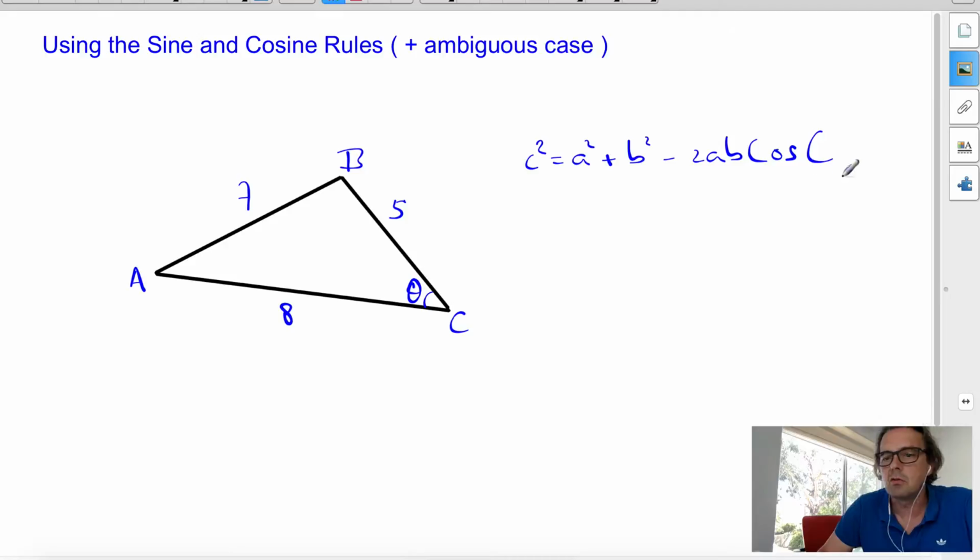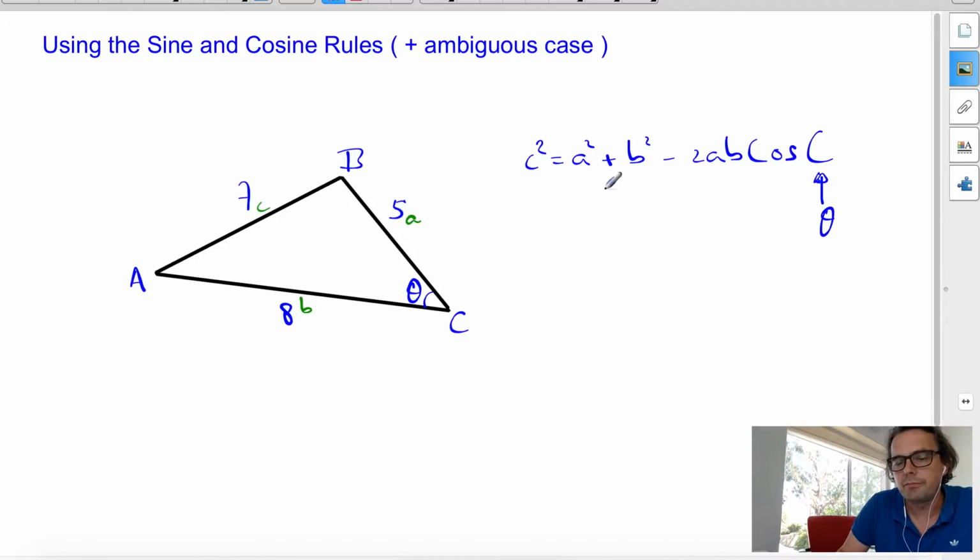Well, that's convenient because I'm after that c there. That c is my theta, the angle at C. Convention says that if this is C, this side is little c. If that's B, this side is little b. If that's A, this side is little a. So there we have my A, B's and C's.